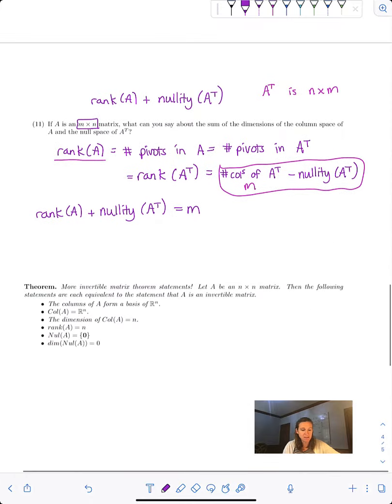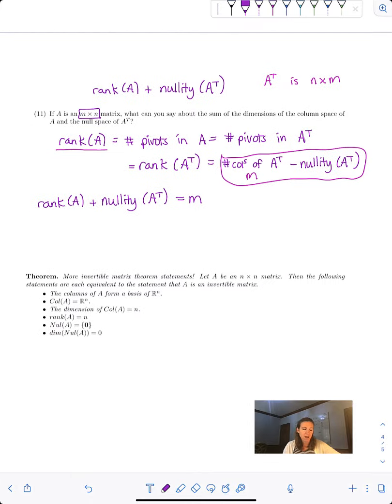And then finally, we have a little bit more of the invertible matrix theorem. So if we have an n by n matrix, then each of these statements is equivalent to the statement that A is invertible. So if A is invertible, well, then we know that the columns of A span Rn, and so that's how we get this second thing.